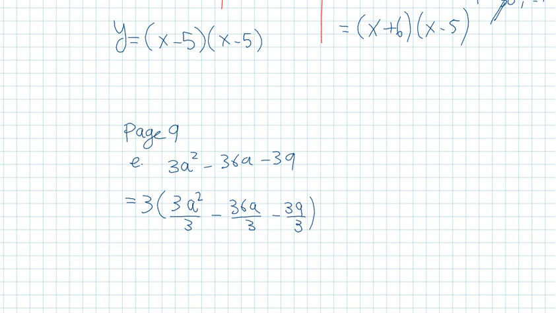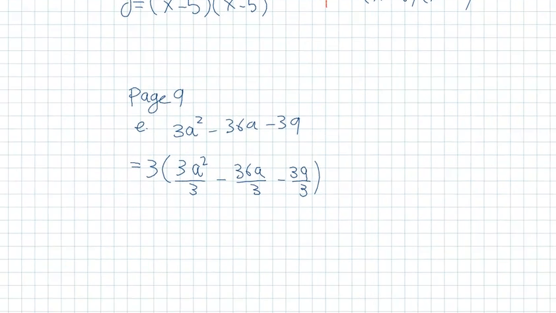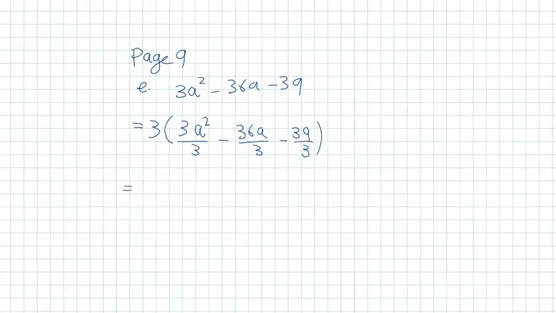Now we're going to simplify. And I don't want to forget that I have my GCF at the beginning, and then I have my leftovers in the bracket. We remember that, right? I don't get rid of the 3 because the 3 is part of my equation. Okay, now, what do I have in the bracket?